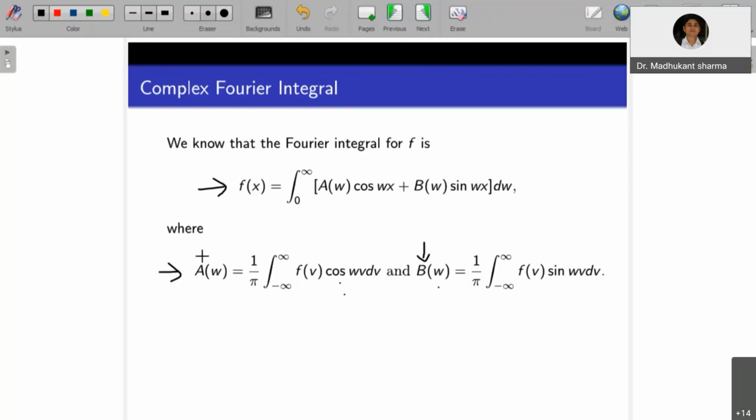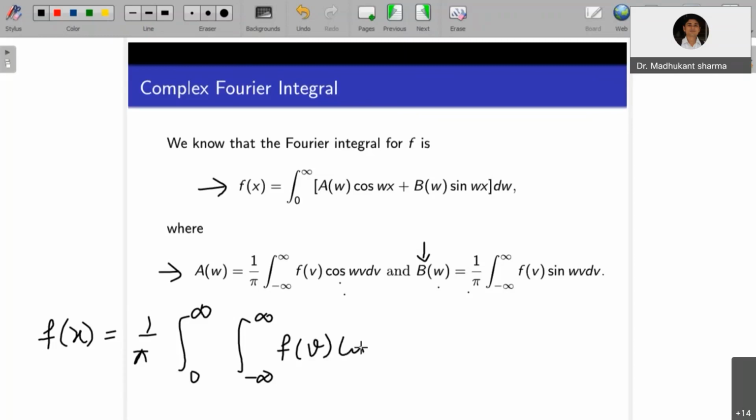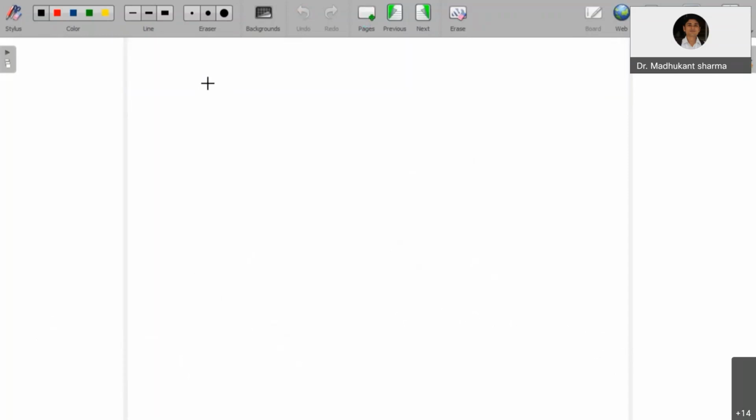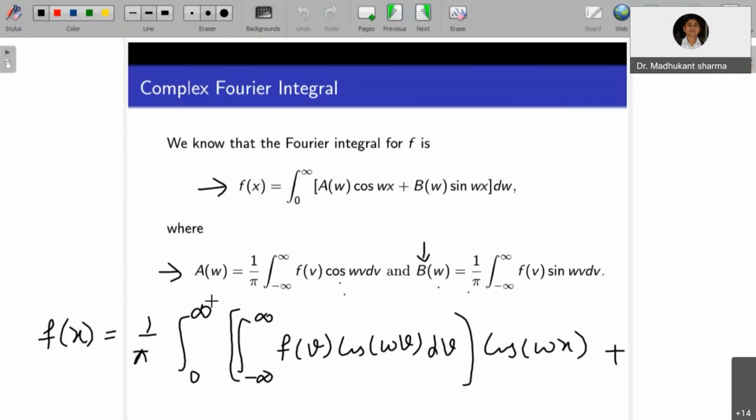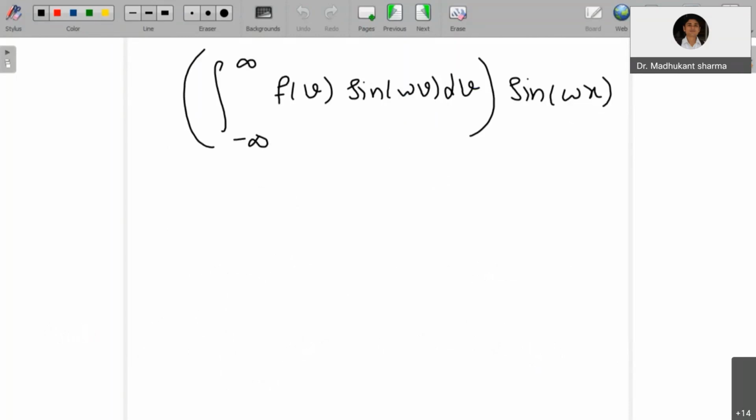If you replace them, f of x equals 1 upon pi, which is common, integration 0 to infinity, and a of w is the integration from minus infinity to infinity of f of v cos of wv dv times cos wx, plus the integration from minus infinity to infinity of f of v sine of wv dv times sine of wx, dw.